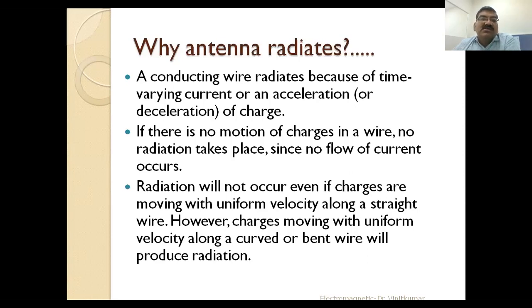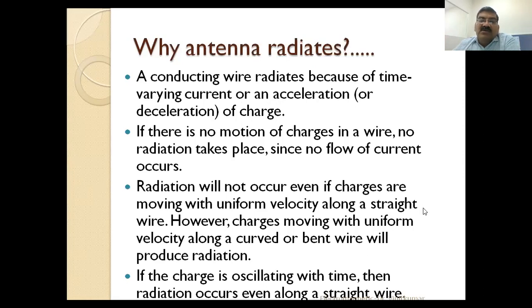So a straight wire may not produce it, but a bent wire may. But this is very insignificant. The very basic requirement is that you must have a time varying current, which creates the acceleration and deceleration. So if the charges are oscillating with time, radiation occurs even along a straight line.